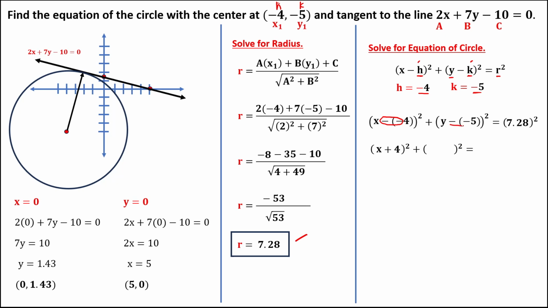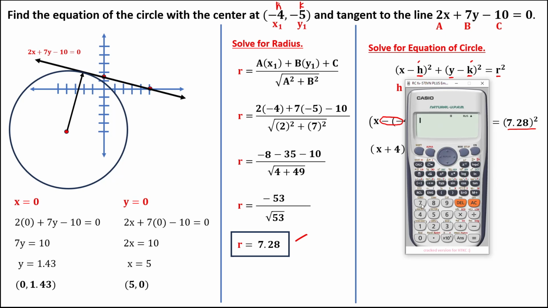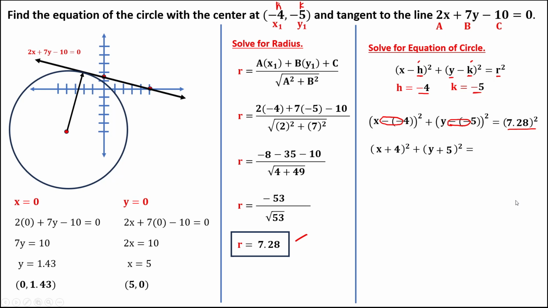Then this double negative becomes positive. And this 7.28 to the power 2 is equal to 53. So this is now the standard equation of the circle.